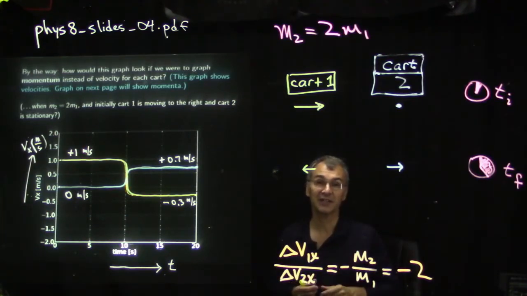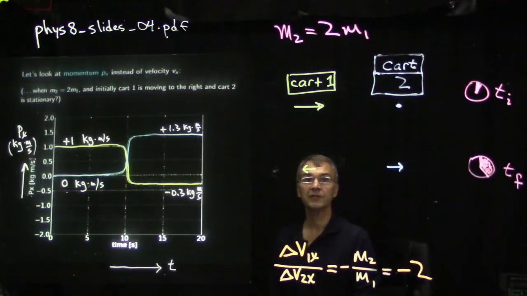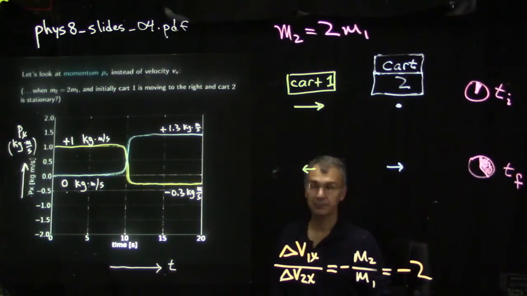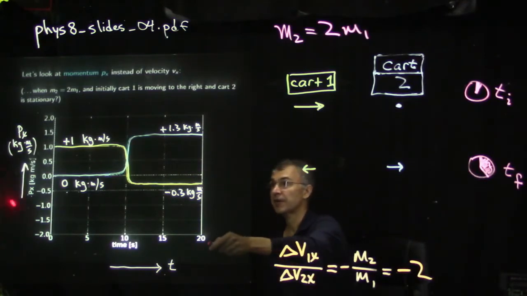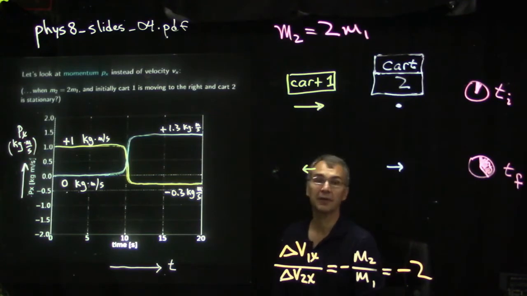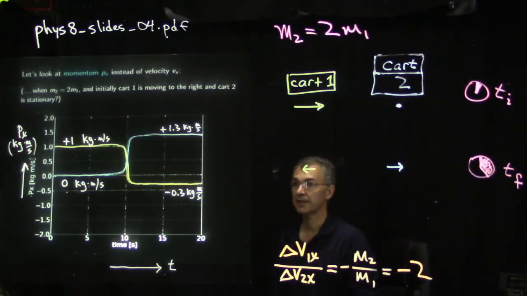So think about that, and I'll show you the graph on the next page of momentum instead of velocity on the vertical axis. Looking instead at a graph of momentum versus time: we have the x component of momentum on the vertical axis, and momentum has units kilogram meters per second. Then we still have time on the horizontal axis.